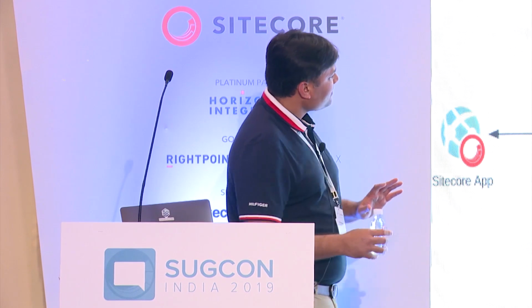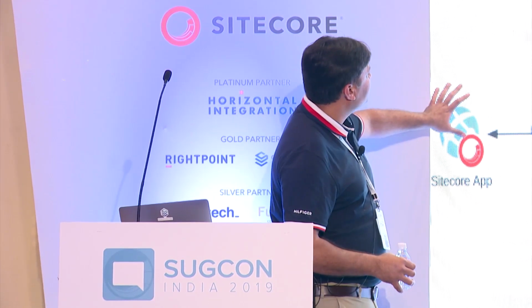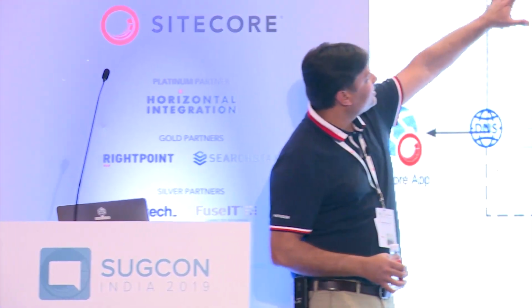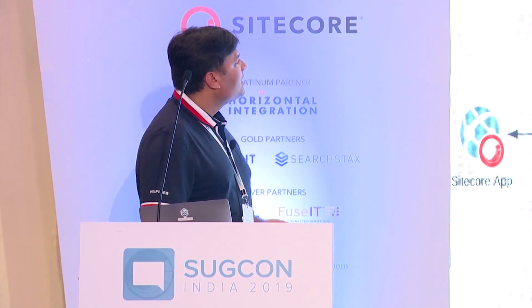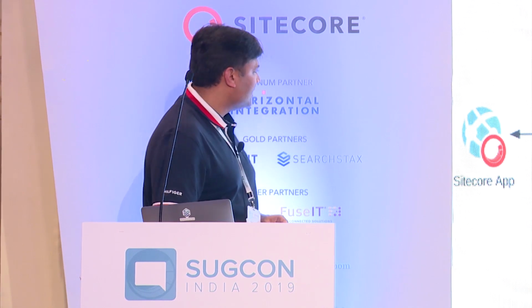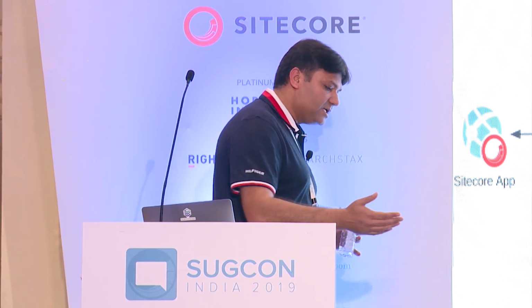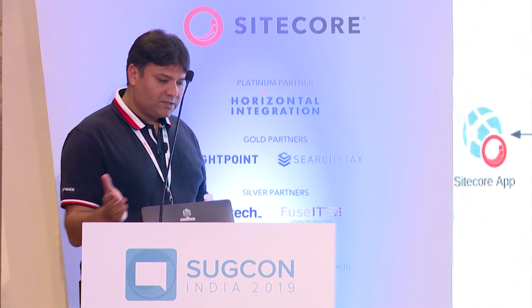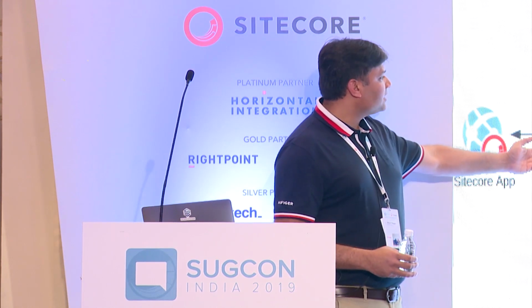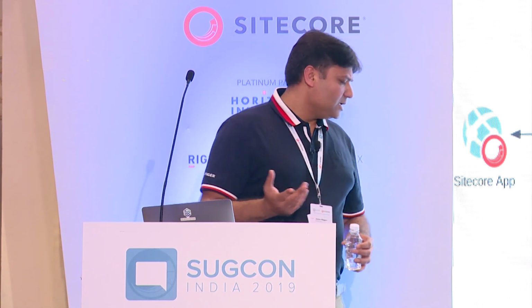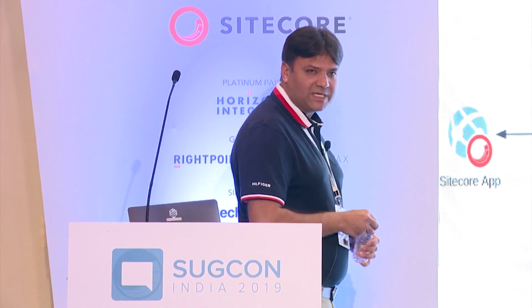If you remember the last diagram, there used to be a Sitecore app that connected directly to the load balancer, and then there used to be a VM, and the load is balanced and things like that. But when you're suddenly going into a cross-region replication or a DR or a failover, now you have to introduce another component on top of your stack, which is either a DNS failover or traffic managers, or there are different ways to do that.